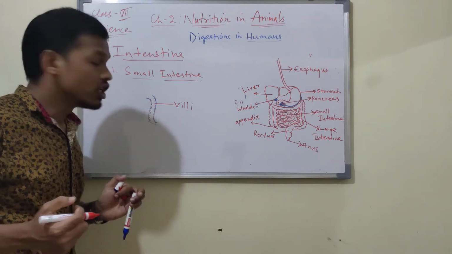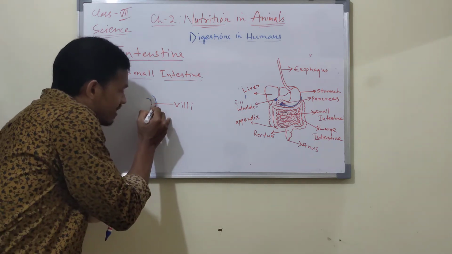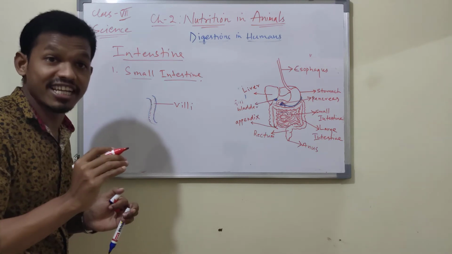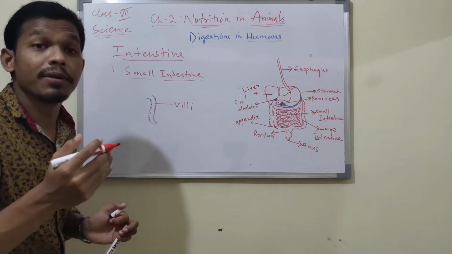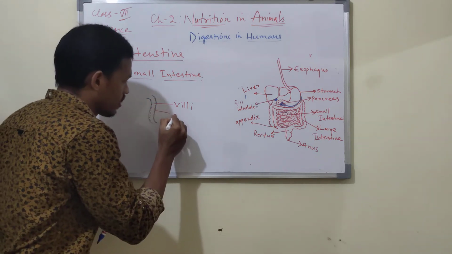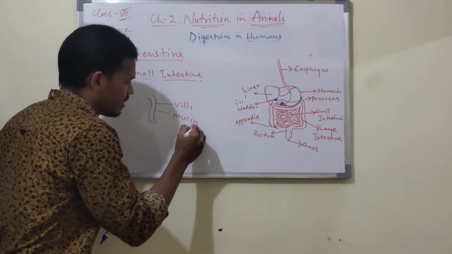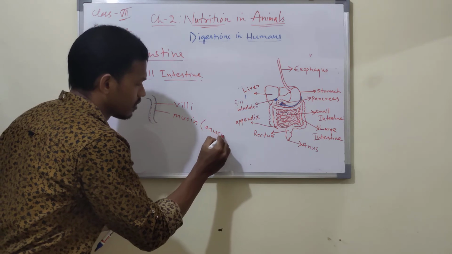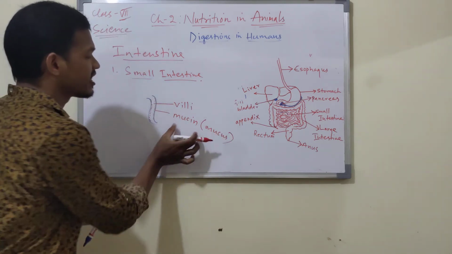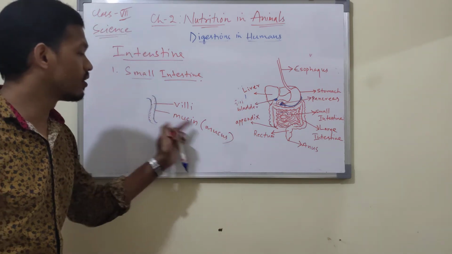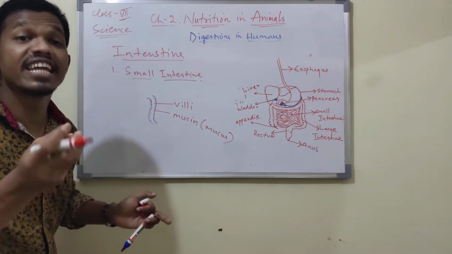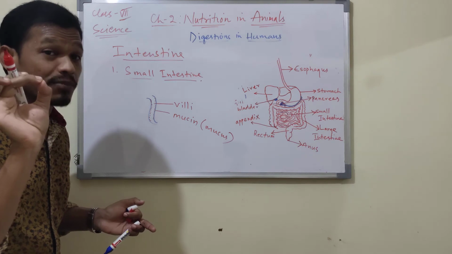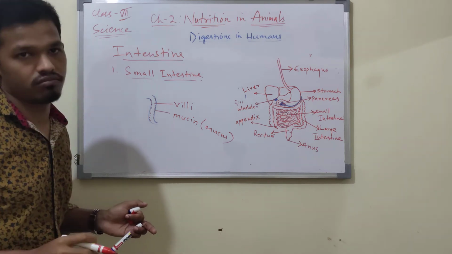Got it now? Some glands are present in the inner wall of the small intestine. They produce mucin, which we can also call mucus. Mucin is a gel-like substance that lubricates the food.